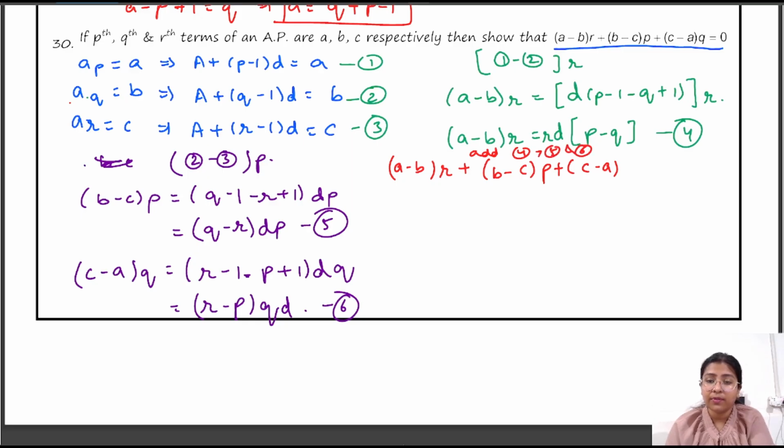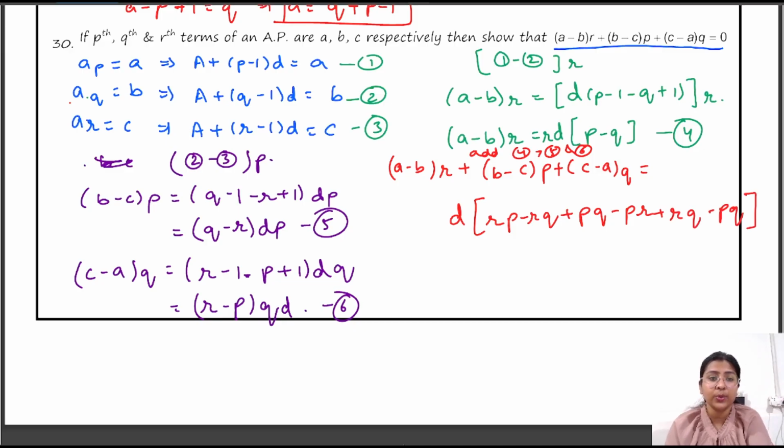So we will have C into Q is equal to, okay, from equation 4, 5 and 6 we are taking D common. If you take D common inside a bracket, you will have R P minus R Q, P Q minus P R, R Q minus P Q, and bracket closed.